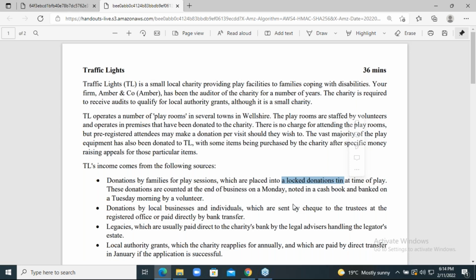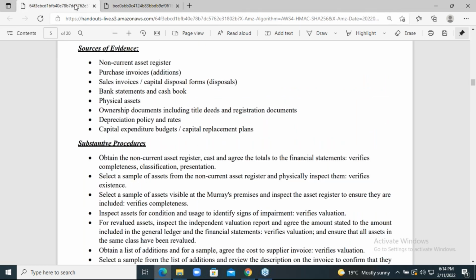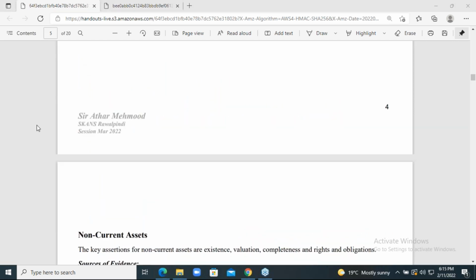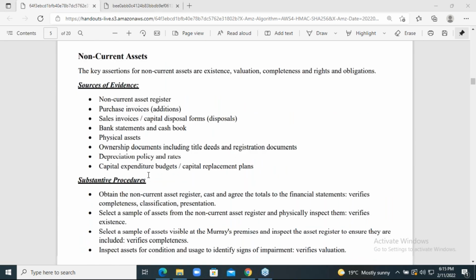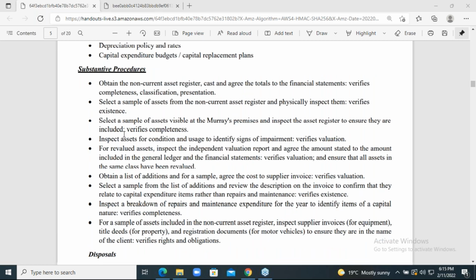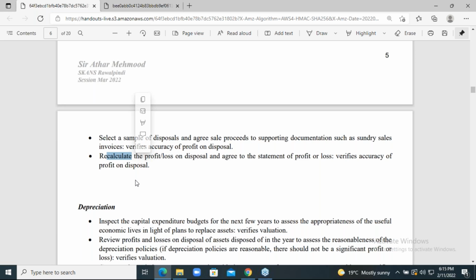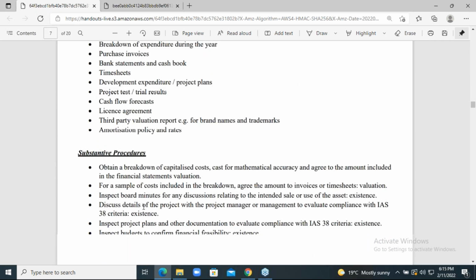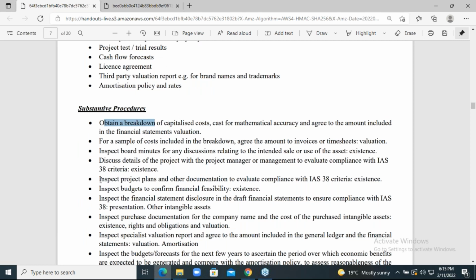So how are you going to write? If you have memorized many generic procedures, you would be aware that you could have used many words like physical inspection, select, recalculate, compare, perform a proof in total, obtain a breakdown, inspect, inspect purchase documents. So your skill is groomed.